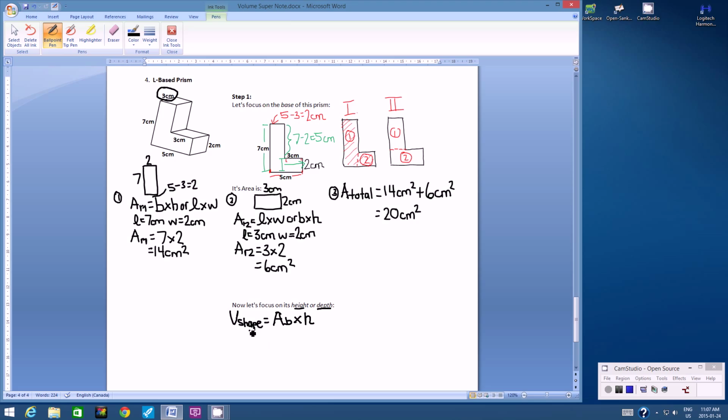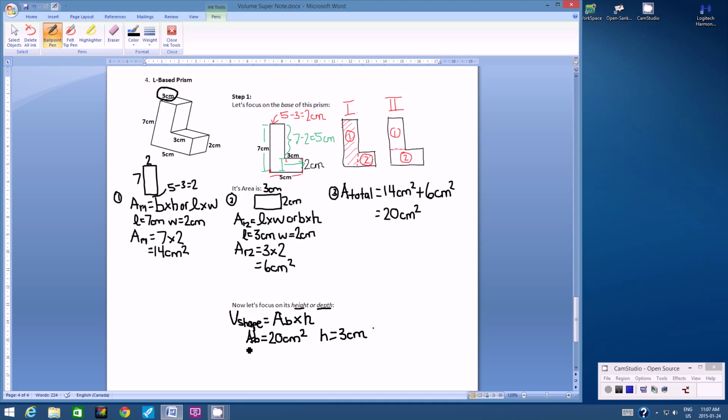Well, what do we know? We just calculated the area of the base. The area of the base up here was 20 centimeters squared. And the height, I just pointed you to that in the diagram, is 3 centimeters. Okay, you can call that the height, or you can call it the depth, how far back that L shape goes.